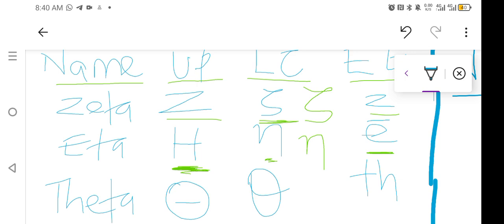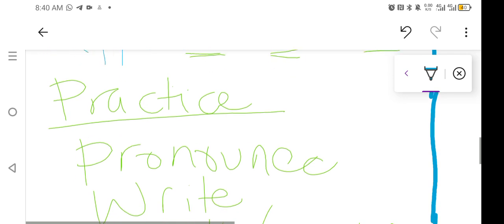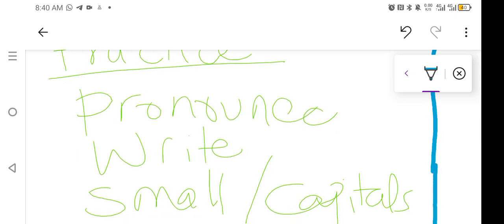In the second lesson, we went through the next 5, which were zeta, eta, theta, iota, and kappa. You had an assignment at the end of it, which was to practice pronouncing each of these letters and to practice writing them, both in the small letters, what we call the lowercase, and in the capital letters, what we call the uppercase.